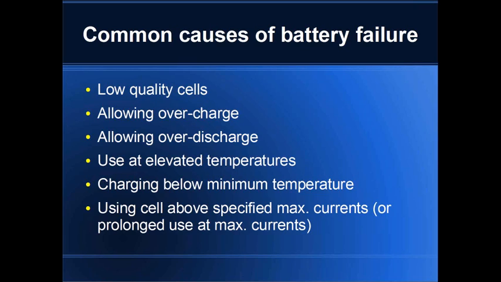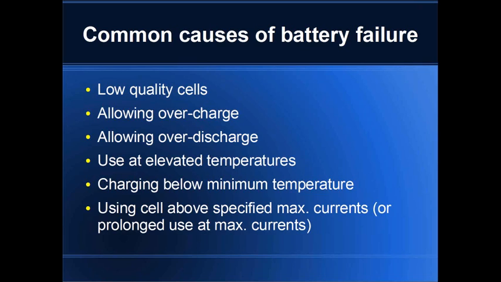Likewise, using the cell above its maximum specified currents, or using them at their maximum currents for prolonged periods of time, also shaves a lot of life off of cells. When you're running them at high currents, among other things, it generates a lot of heat, and heat is detrimental to the life of the cell.